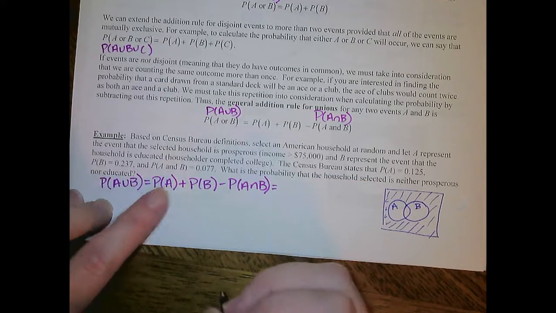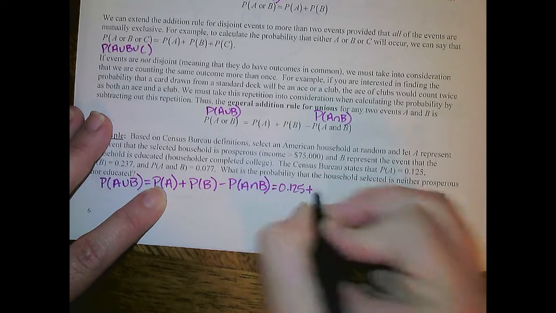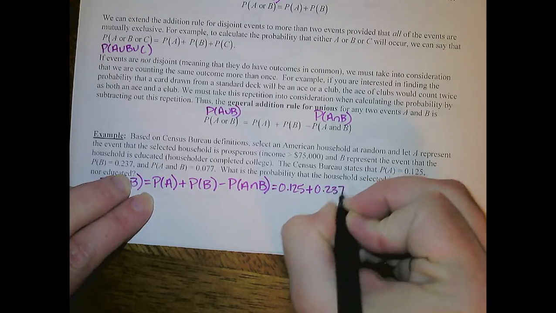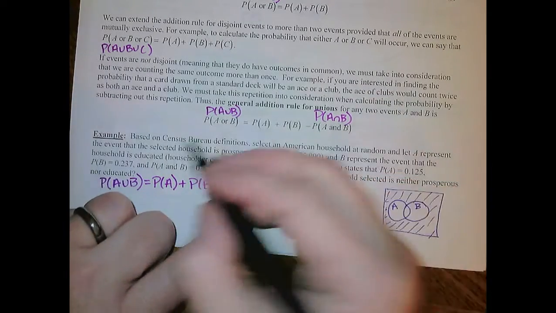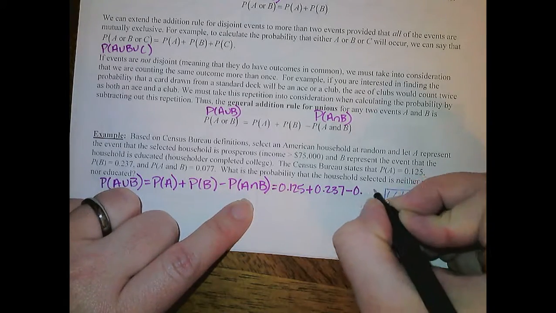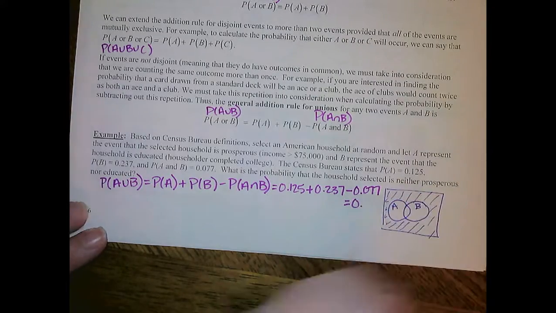And then they've told us that the probability of event A is 0.125. The probability of event B is 0.237. And then we're going to subtract the intersection because we've actually added that region twice. So we're going to subtract 0.077. So the probability of either being A or B ends up being 0.285.